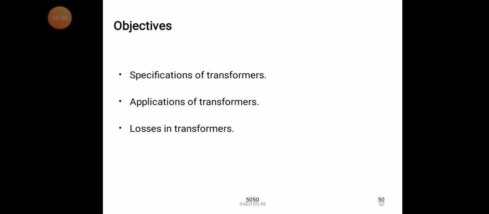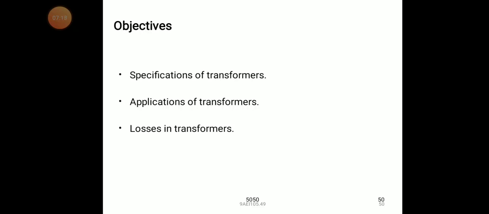Generally, the specification of a component gives the total description of the device. That means the voltage rating, current rating, power rating, where we need to use it, what type of core it has, and what type of winding we are using. All this data is given by the specification.